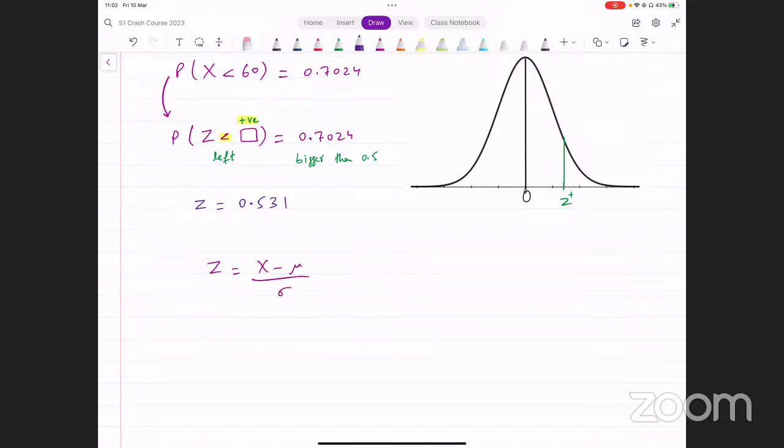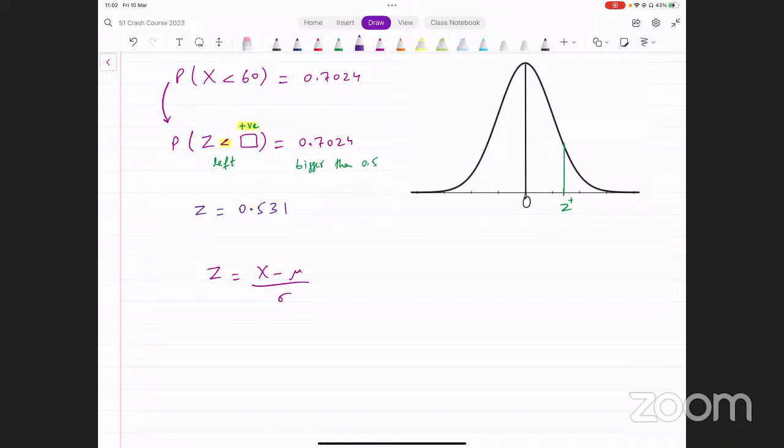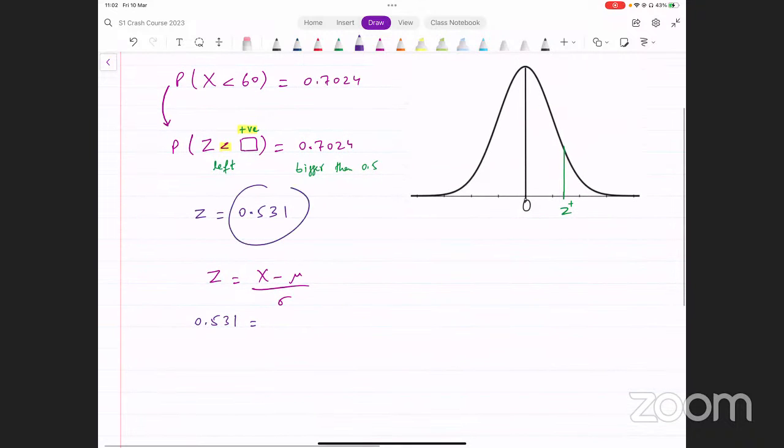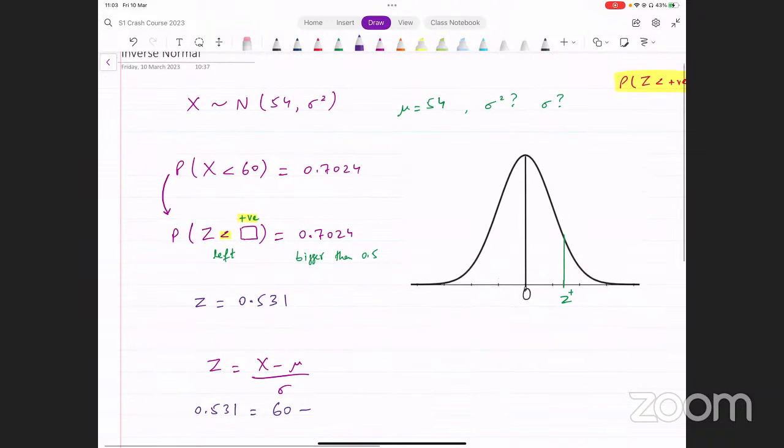Just input values in this now. What's the value of Z? Z is 0.531. What's the value of X? The corresponding value for X that corresponds to this value of Z is 60. 60 minus the mean, and the mean is 54. We know that.